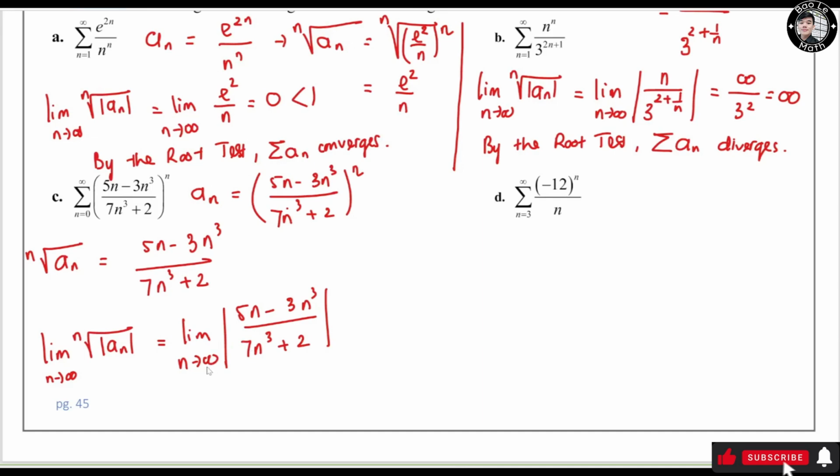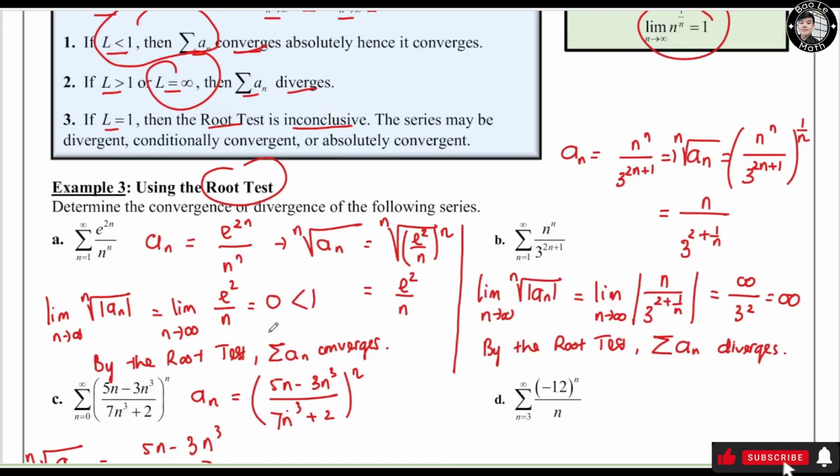Now when n approaches infinity, the lower-order terms don't really matter, so it's going to be the limit of the absolute value of negative 3n cubed over 7n cubed. The n cubed terms cancel out, and it's going to be 3 over 7, which is less than 1. By the root test, the series converges.